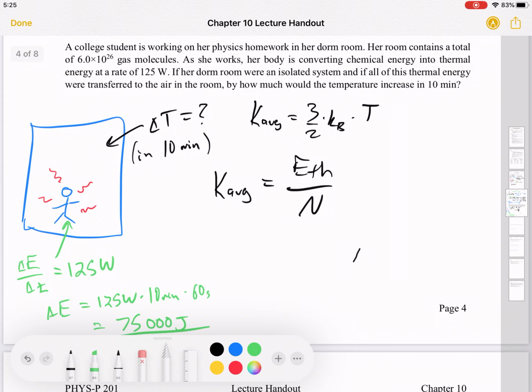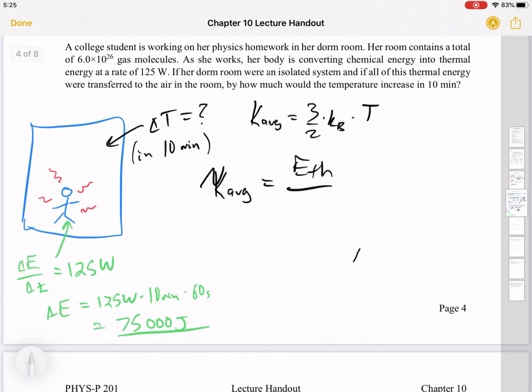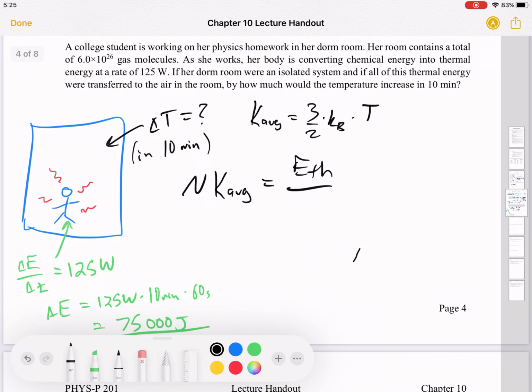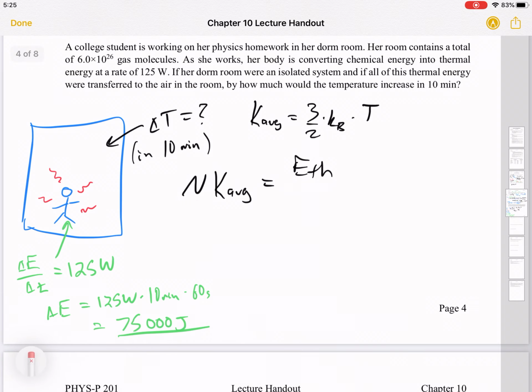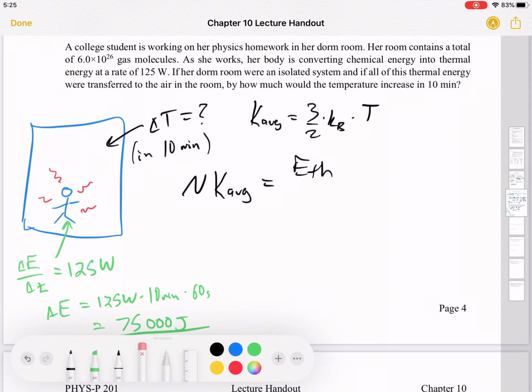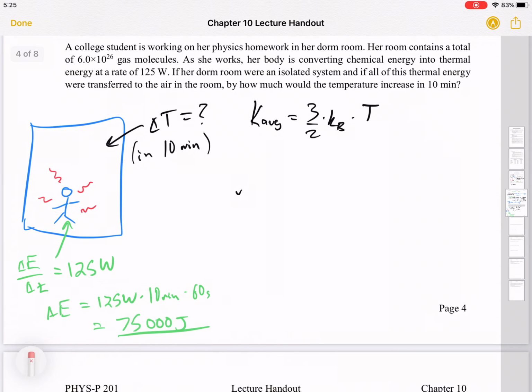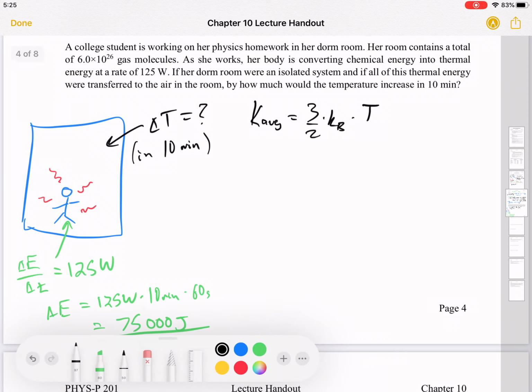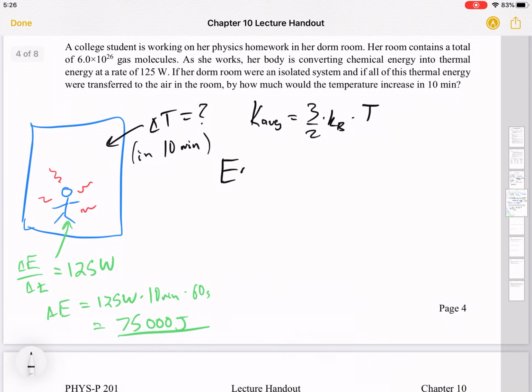Now I can use my definition of average to figure out the total thermal energy of the system. So the total thermal energy of the system is N times K average, and I have an expression for K average. It's 3/2 N kT.